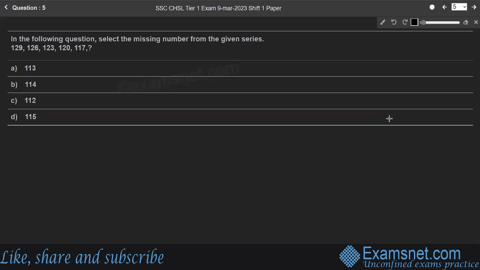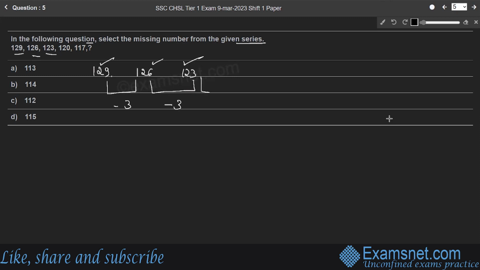Question 5. In the following question, select the missing number from the given series. Here the first number is 129. The second number is 126. Here the difference is 3. So 129 minus 3 gives 126. The third number is 123, so 126 minus 3 is 123.